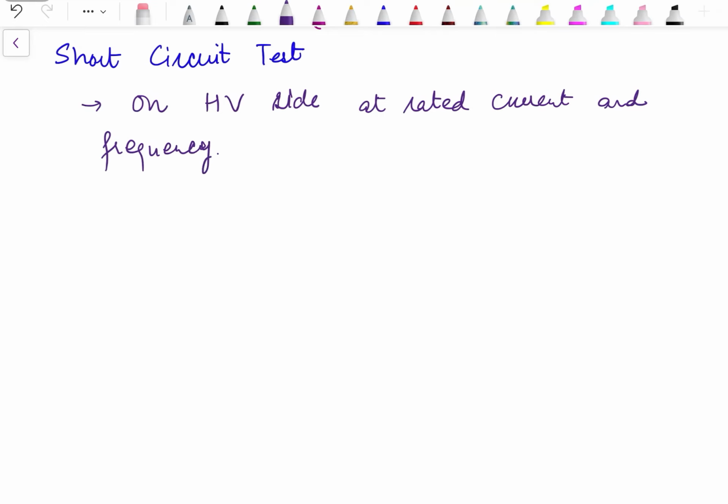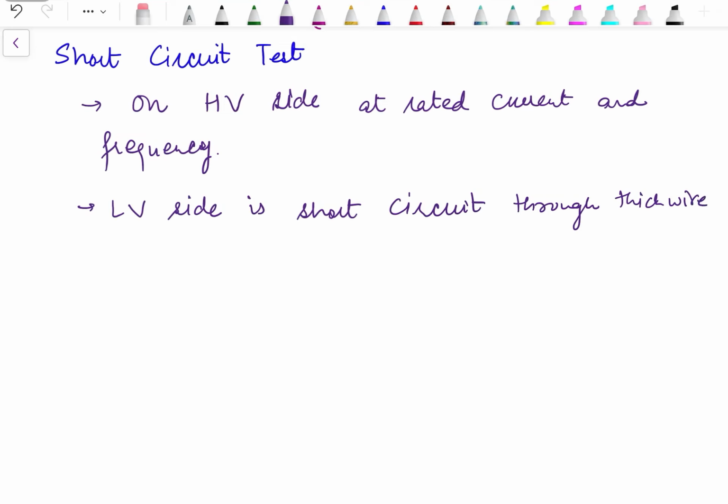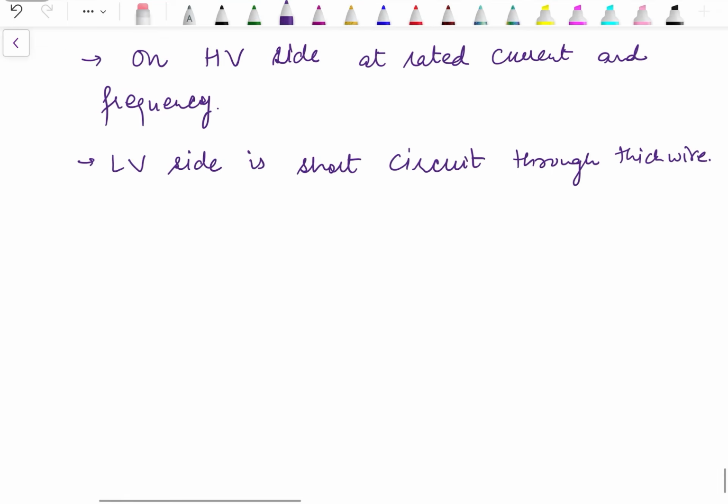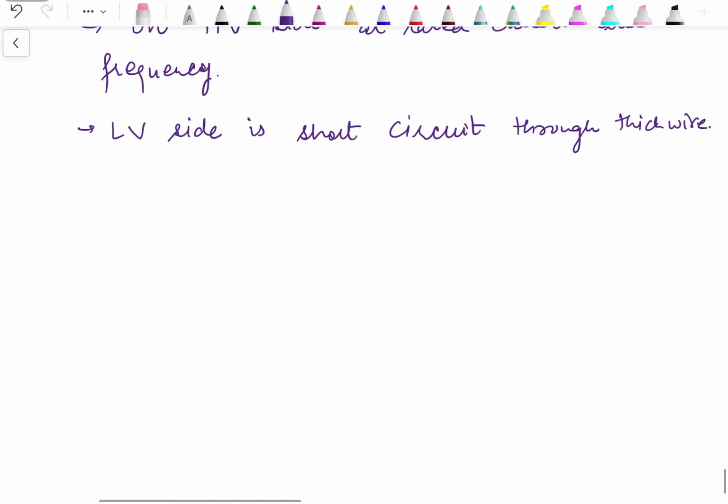So when we say high voltage side, it means all the measuring equipment should be connected on the high voltage side, and the low voltage side is short circuited through a thick wire. Since at short circuit the current is maximum, we need to short circuit it by a thick wire.